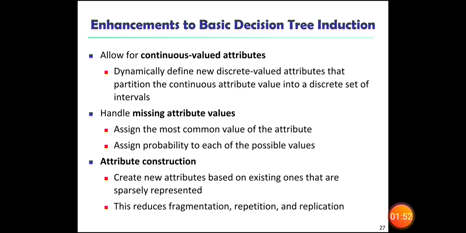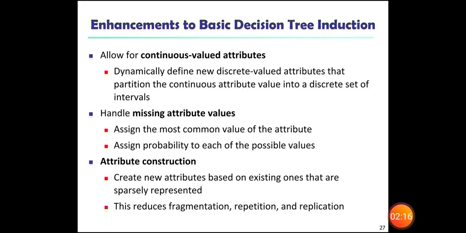Suppose when we have training set data, there we have a number of values. For each and every value, there will be one common value, and in the same way it will assign a probability to each of the possible values.